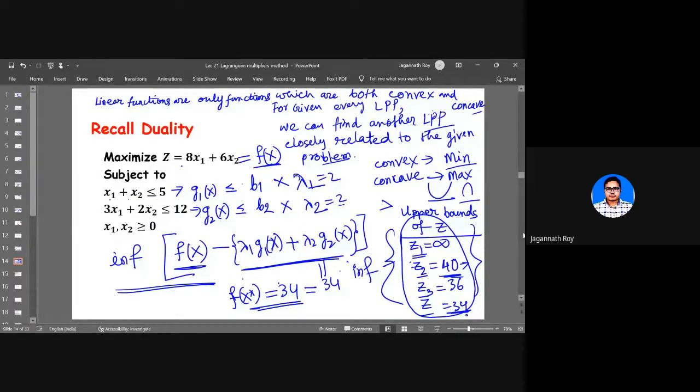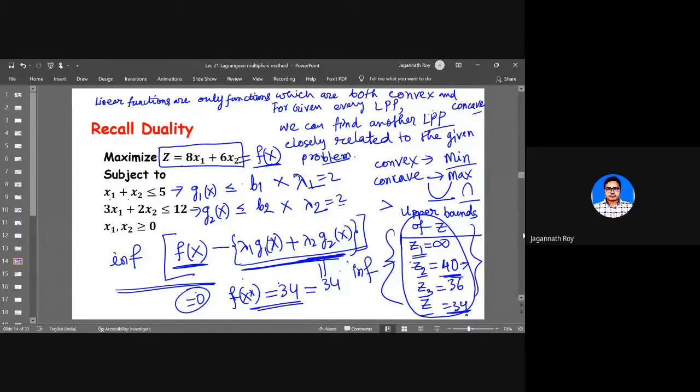So that means the infimum will be 0. So f of x minus this portion will be 0. Because linear functions are those functions which are both convex and concave. So this is the primal objective, and this one will be the dual objective.